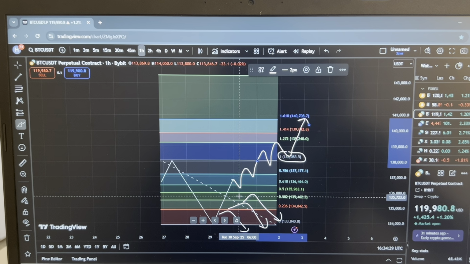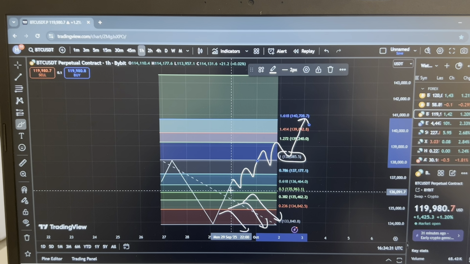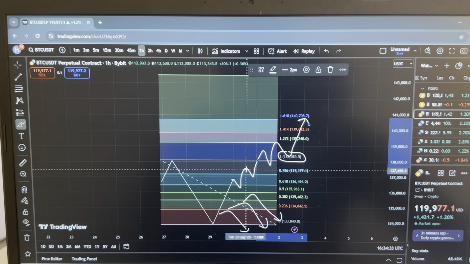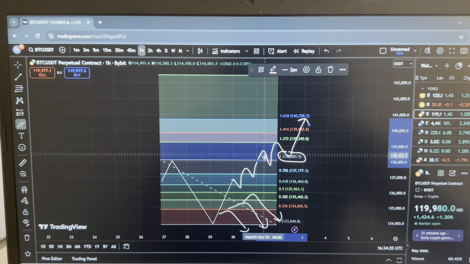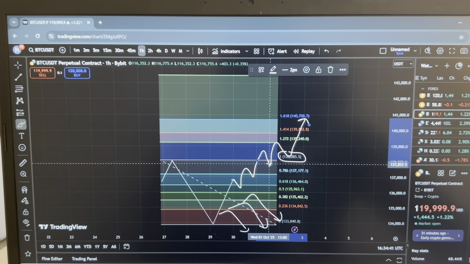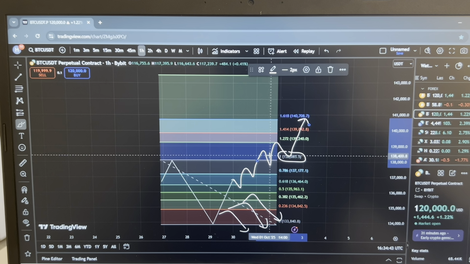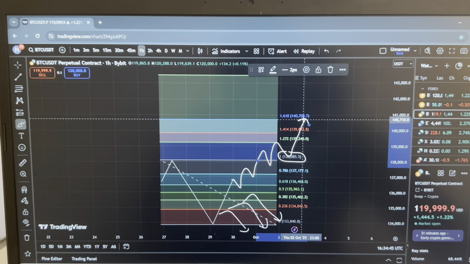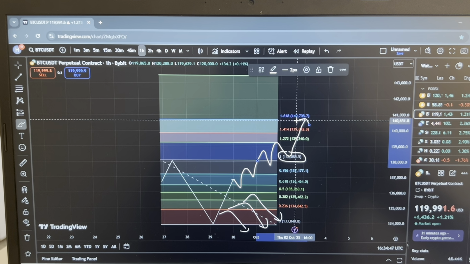Like I said earlier, if by any chance the market keeps on making closed candles above the number one line, this level, and it makes a closed candle over here, it's gonna go up to the blue line.